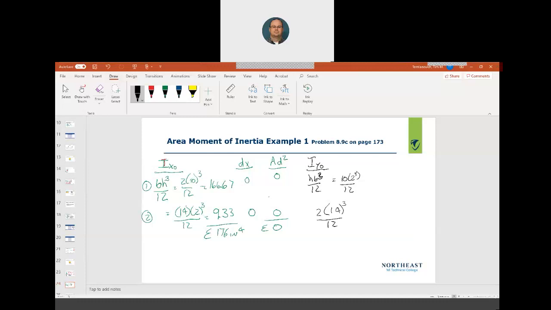So what do I get there? All right. 10 times 2 cubed divided by 12 equals 6.67. Sorry, that's a cubed up there. Now I do the next one. 2 times 14 cubed divided by 12, 457.33.